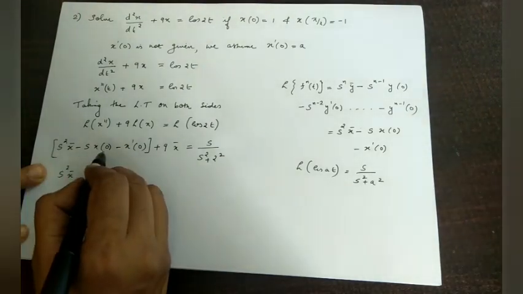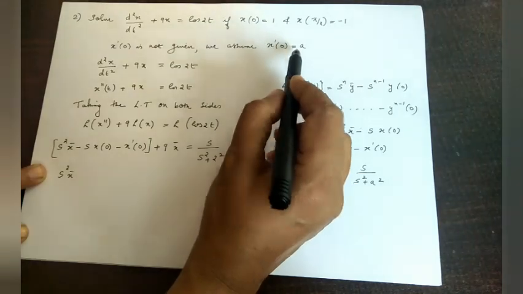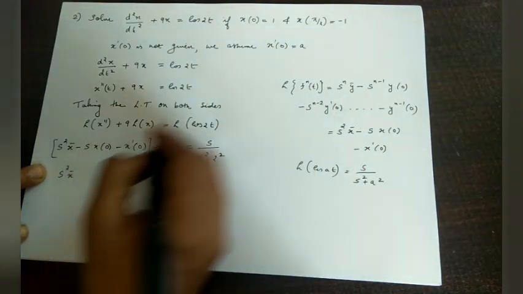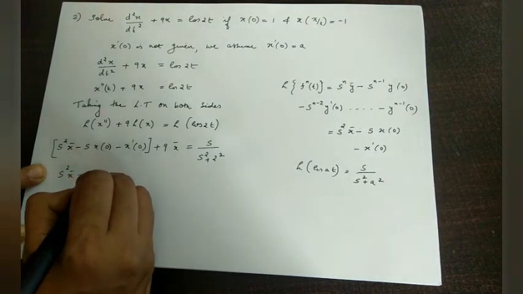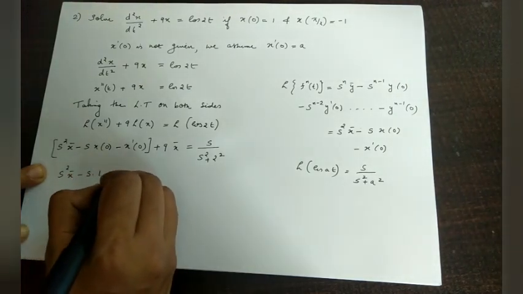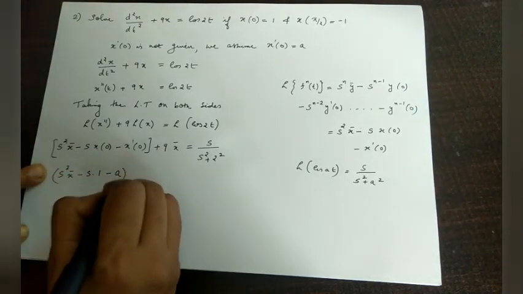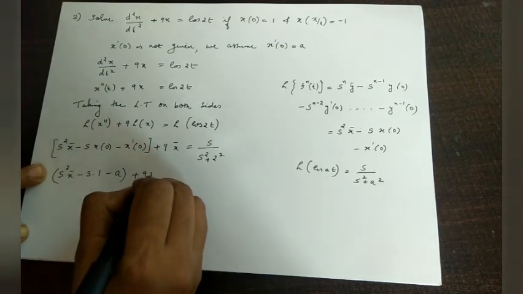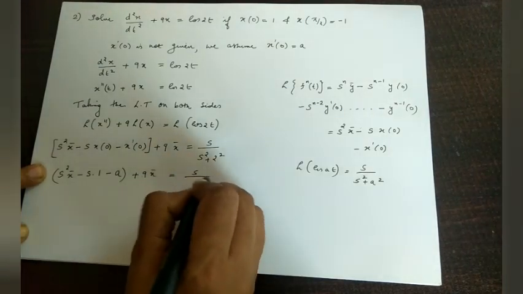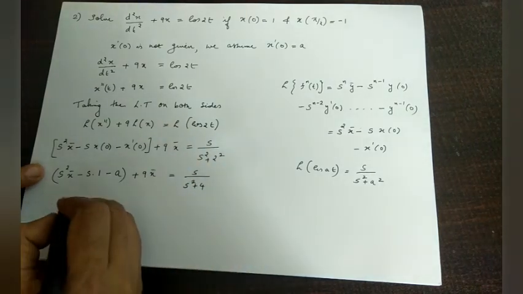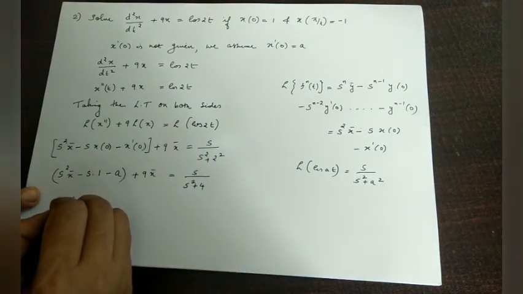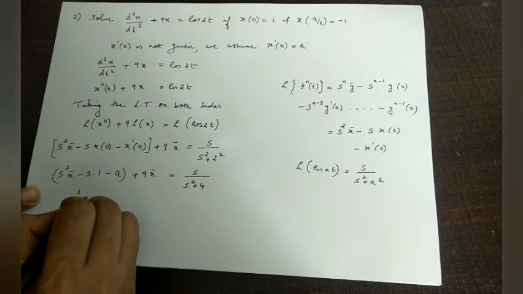Now, substituting the values of x(0) and x'(0), s into a minus b, plus 9x bar is equal to s by s square plus 4. That is equal to s square plus 9 times x bar.